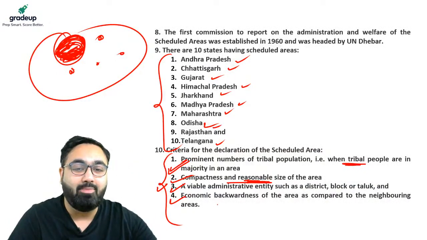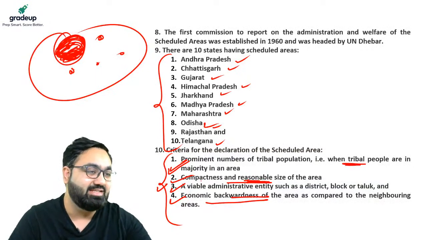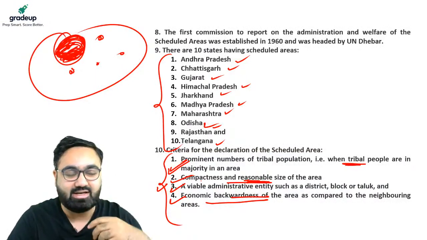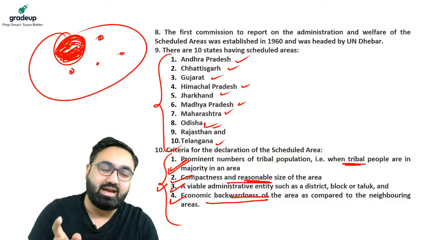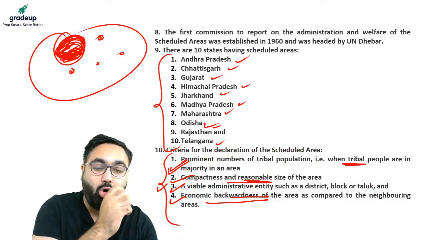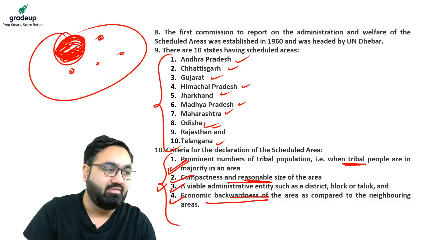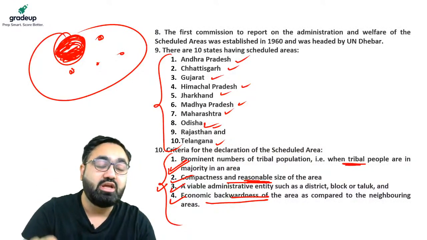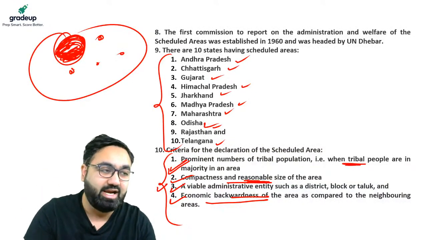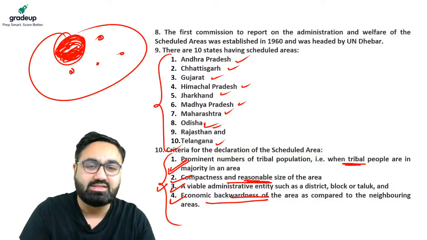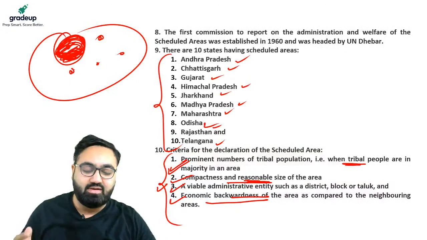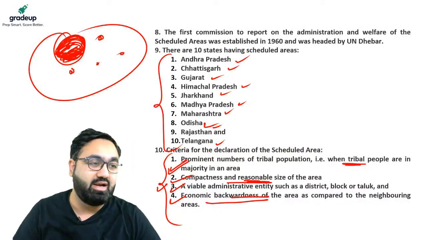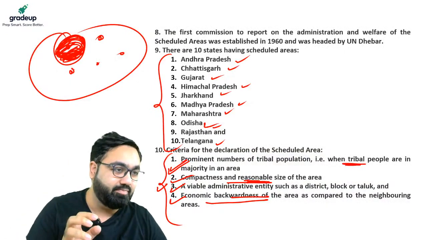Then we have economic backwardness. If that area is economically backward, if that area does not have the kind of money that the people need, then that area can again become a scheduled area. So all these criteria are the ones on the basis of which you declare a certain area as a scheduled area. So if the President of India thinks that these areas are very backward, they have tribal population, then the president can declare a particular area as a scheduled area.